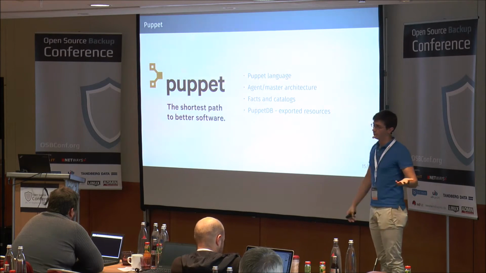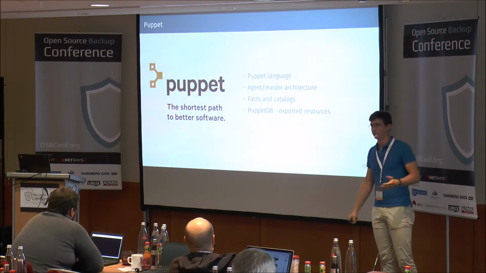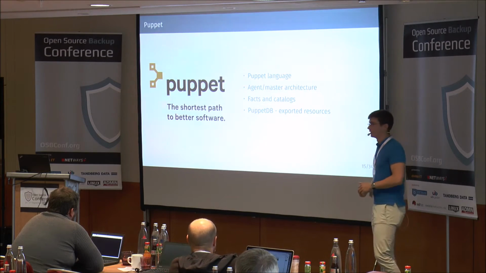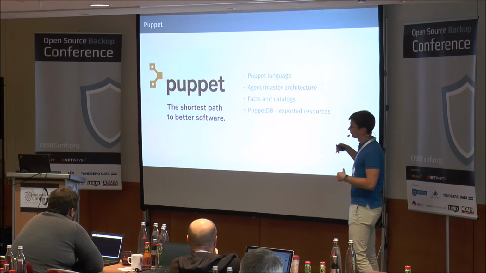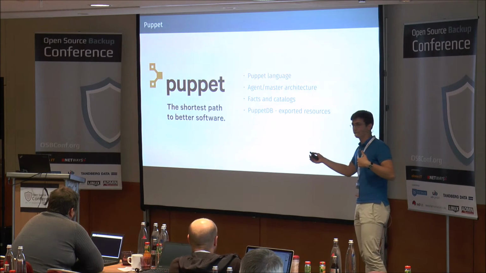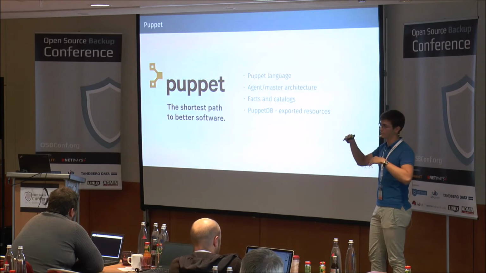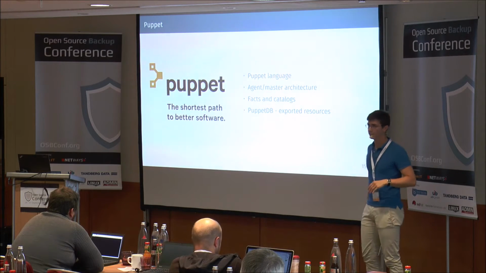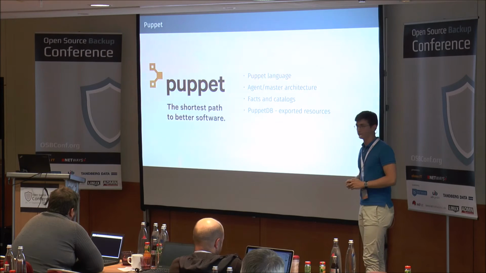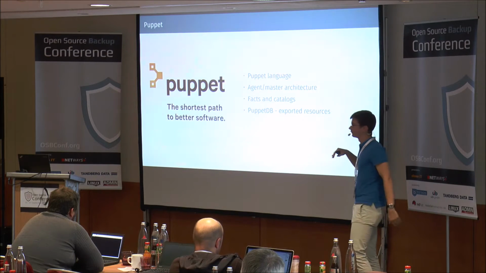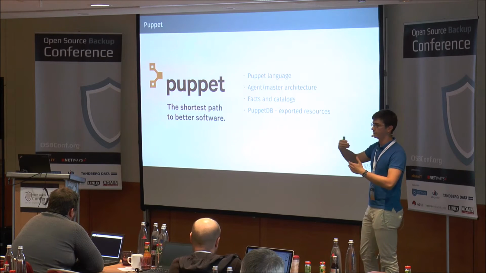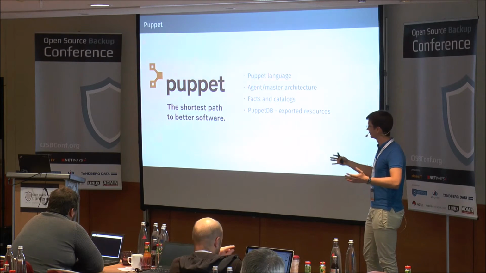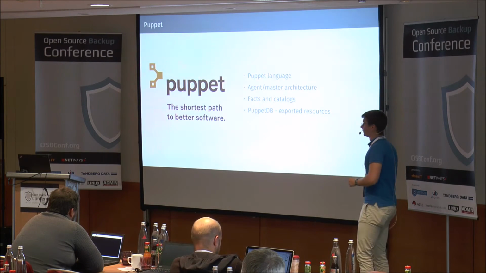So a fact can be, for example, the number of processors or the amount of RAM or something like this. This is sent to the master. The master has his own code base, which is programmed by the administrator with the Puppet language. And this master takes the facts and the code base and compiles this into a catalog.